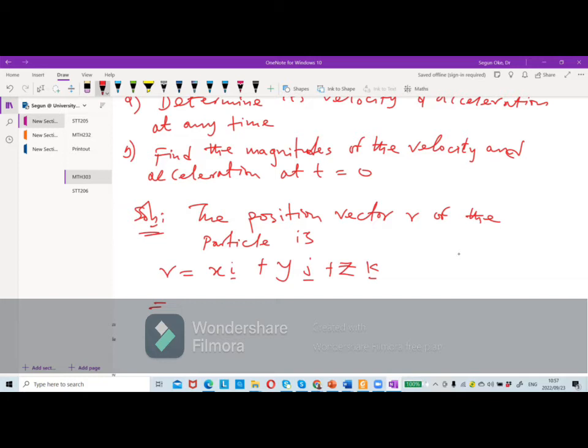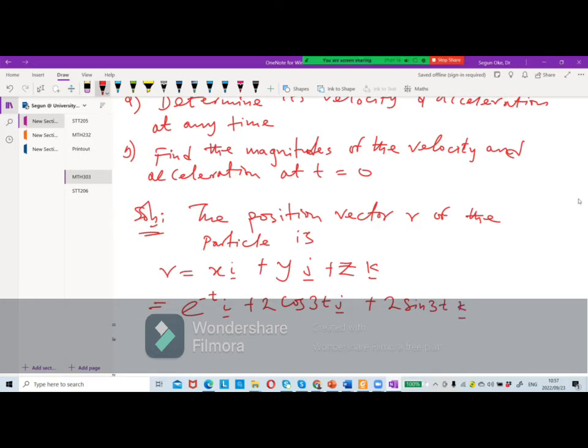Anybody? Exponential minus t, exponential minus t i. What is y? 2 cos 3t j. And my z is 2 sine 3t k.